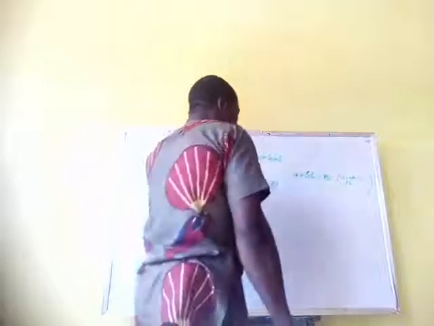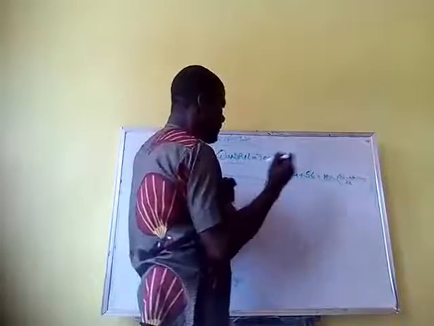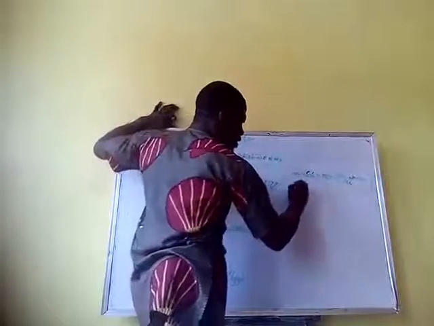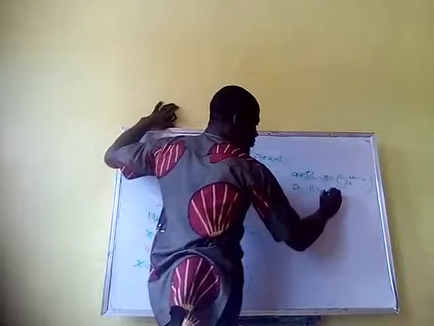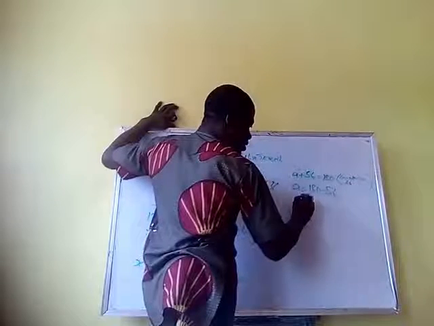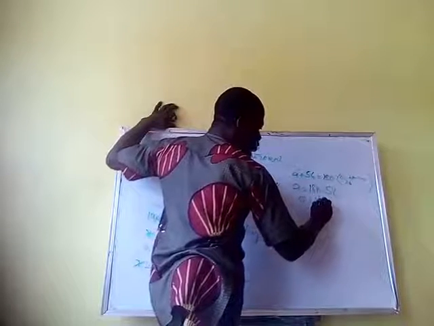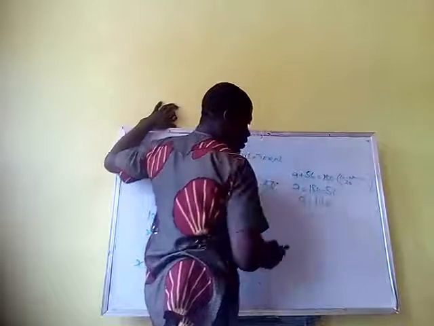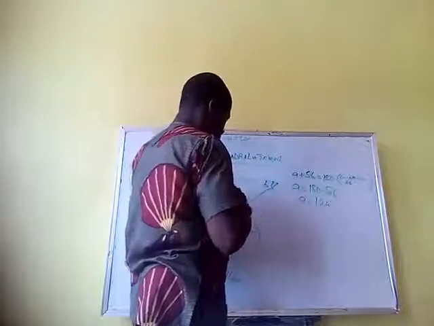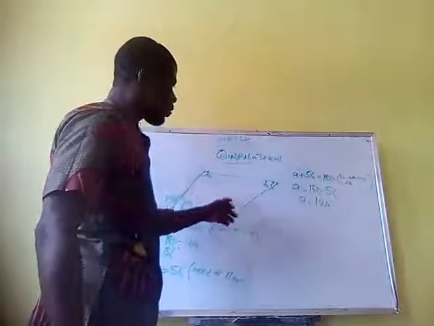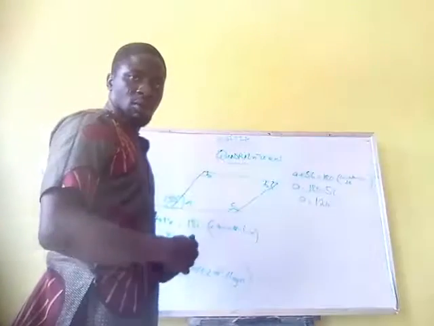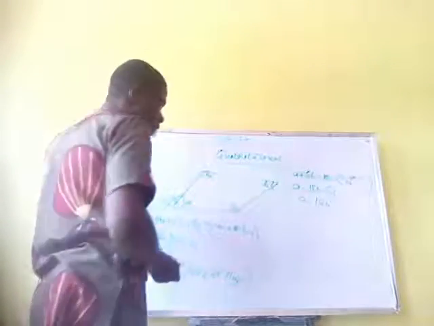So we are looking for A. A will be equal to 180 minus 56. Therefore, A equals 124 degrees. A equals C, opposite angles of a quadrilateral.